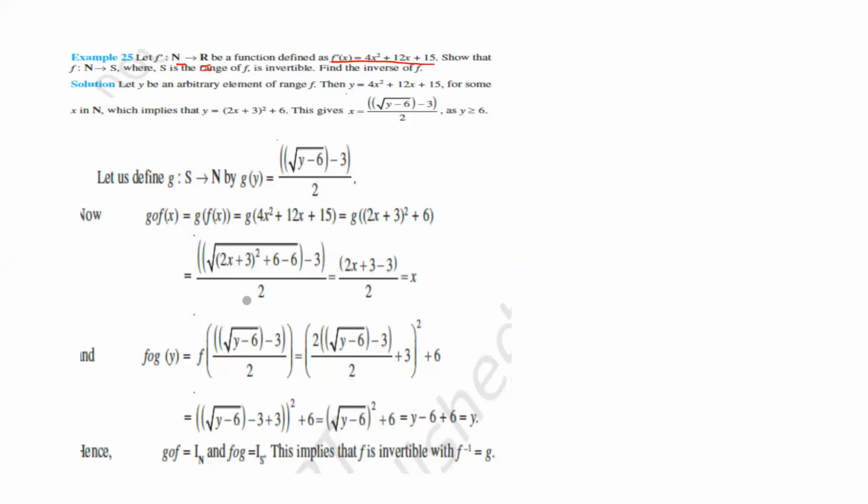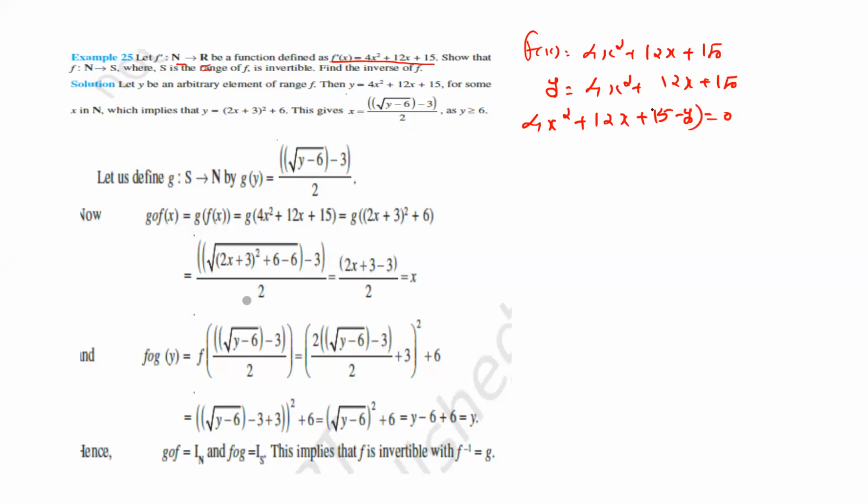Okay. So actually we have to do it in a different way. This is the easy way they have done. So you see, this is our function. What is our f of x? f of x is 4x squared plus 12x plus 15. Take it as y. y is equal to 4x squared plus 12x plus 15. So you can write 4x squared plus 12x plus 15 minus y is equal to 0.